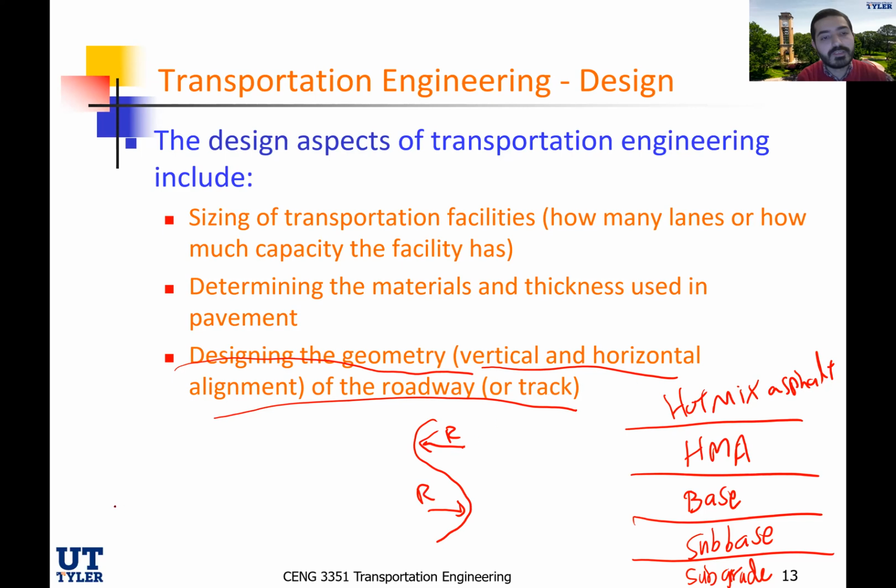Also vertical alignment: if you take a look at the profile of the roadway, and here is your vehicle trying to climb this roadway, and then it's going down, going up, again, those ups and downs, there's also radius design for each one of those curvatures, and that's vertical alignment. We're gonna talk about this, but again, this can be your profession as a geometric designer.